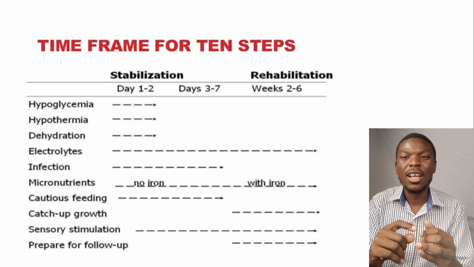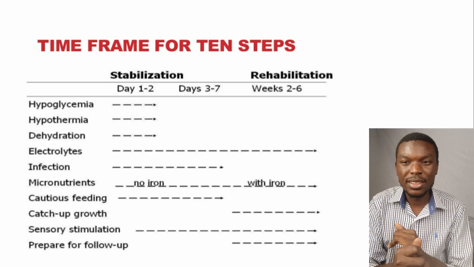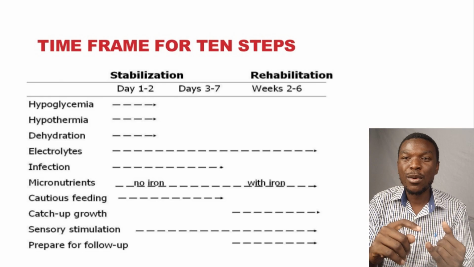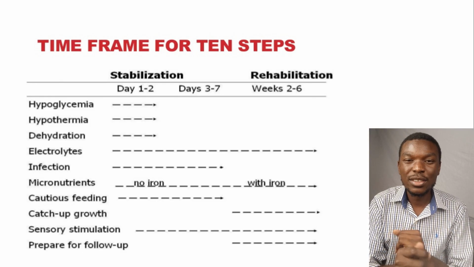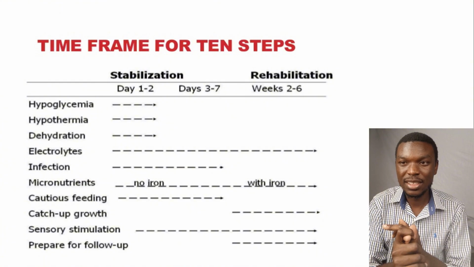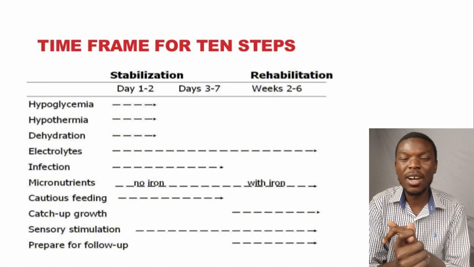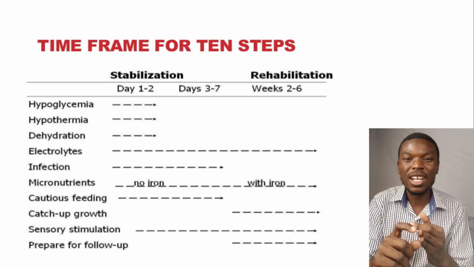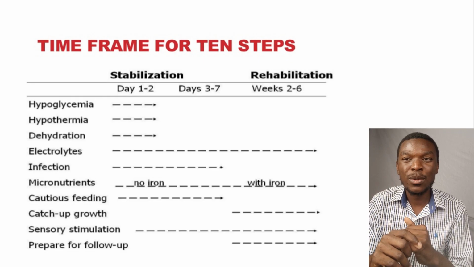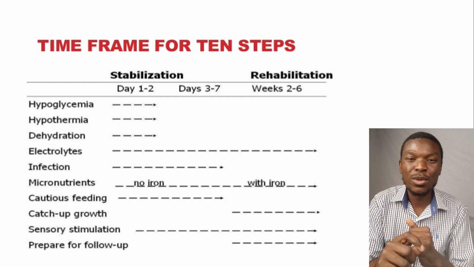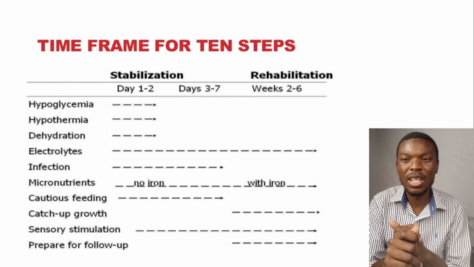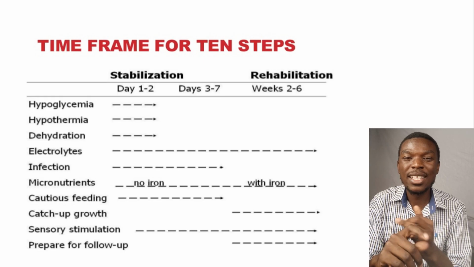And then micronutrition. So in this one, from day 1 to day 7, you're not going to give iron. But after week 2 to week 6, that's when you start supplementing with iron, after you have cleared the infection.